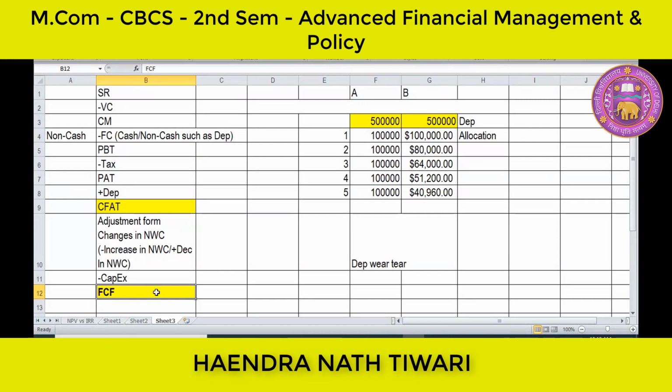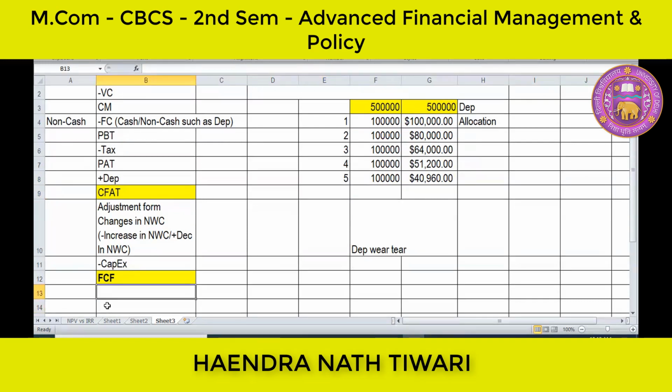And this is per year. In the last year, the 5th year, you will add one additional cash flow here, and that is scrap value. But this scrap value will be added only in the terminal year.